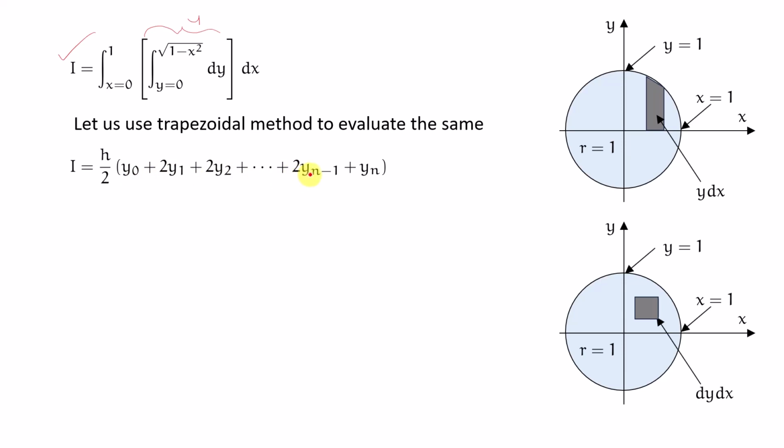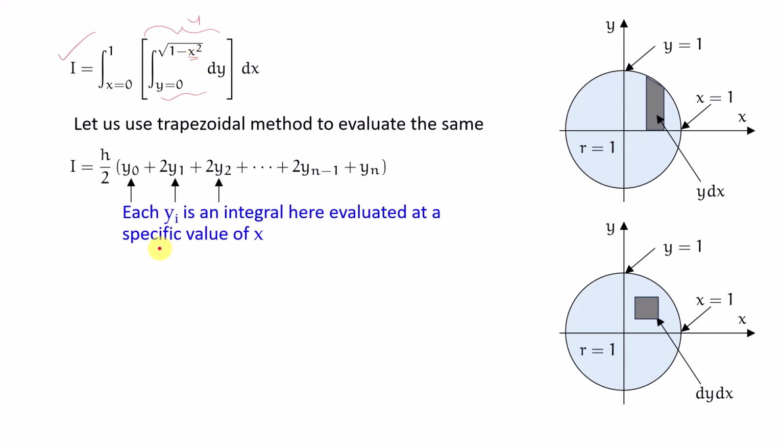are values of y at different x locations, which means each of these y0, y1, y2, etc. are actually the value of this integral for different x. What kind of value? For instance, for y0, we start from x equals 0.